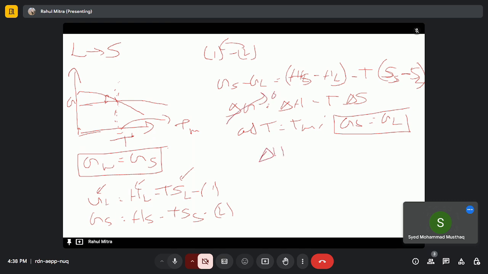Then delta H equals Tm delta S. If we substitute in equation number 3, let's say for temperatures near the operating temperatures, H and S are independent of temperature, or H and S don't change much with temperature, so dH by dT is a very small value.